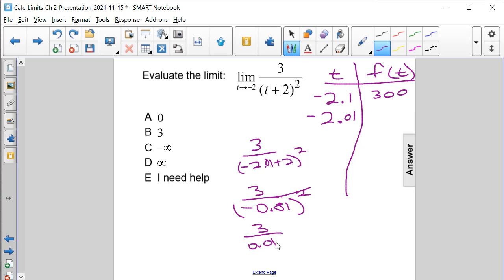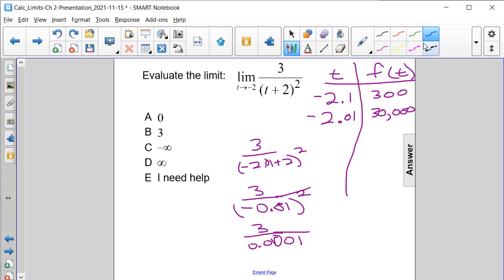And when we square that, we will get positive 1/10,000th. And then if we do the division here, we will get 30,000. We can clearly see that from the left, we are approaching positive infinity.